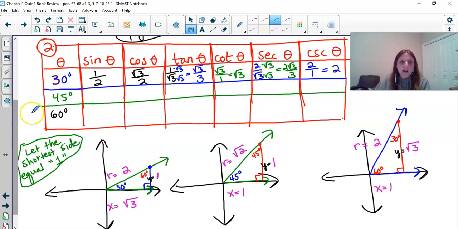Do the same thing now for each one of the sine, cosine, tangent functions for 45 degrees. Okay, so go ahead and pause the video and try it, and then I will walk you through it as well. Sine is y over r, so 1 over root 2. You have to rationalize it.